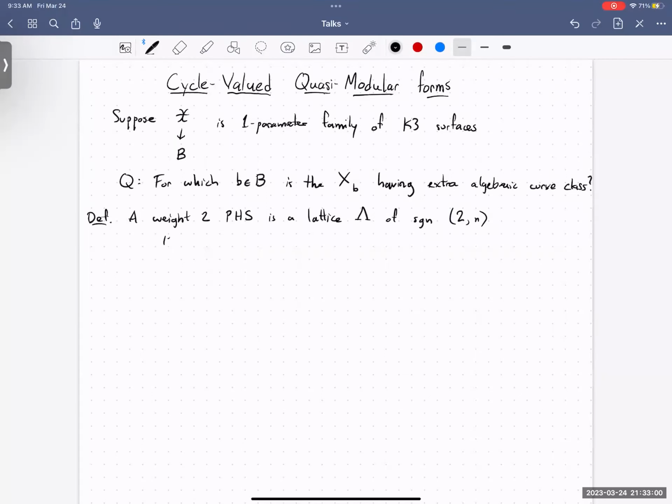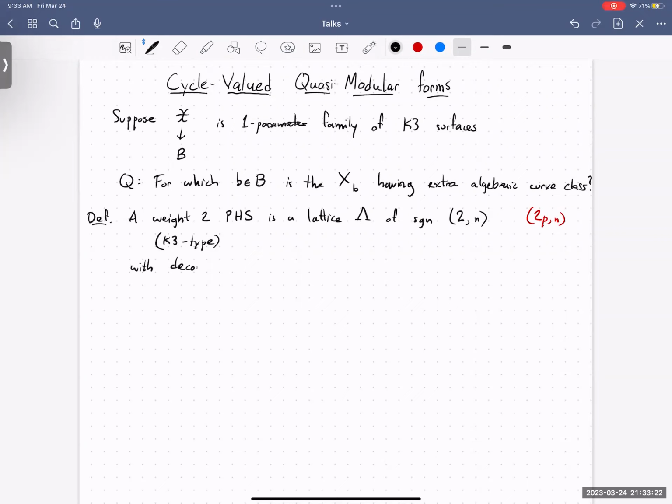So I'm doing K3 type here. If you wanted to do a more general surface, you would want to do (2p, n). There's some good reason why I'm going to restrict to the K3 type of Hodge structure later, so let me just assume it's (2, n) right now.